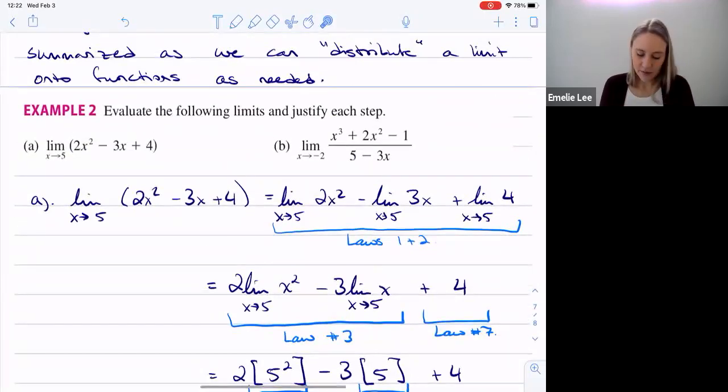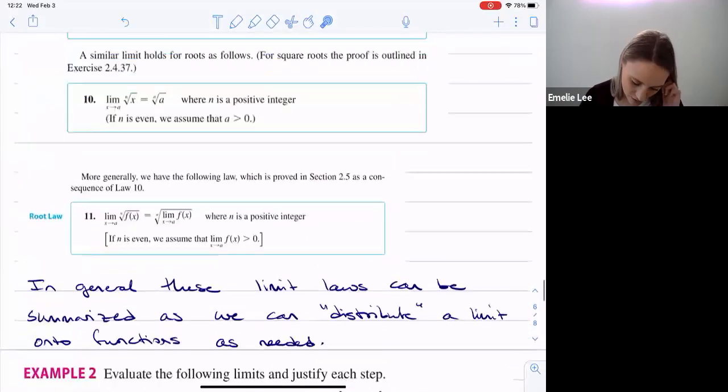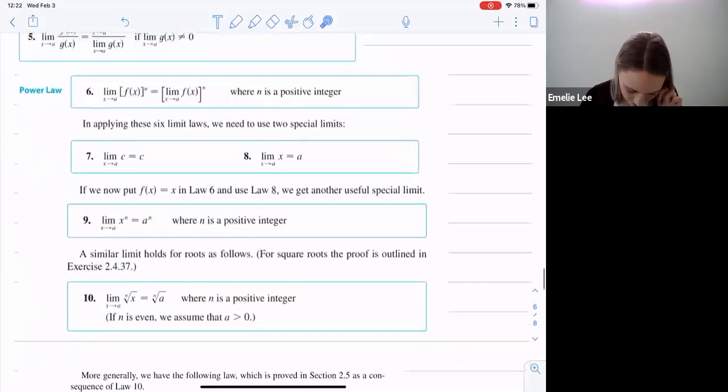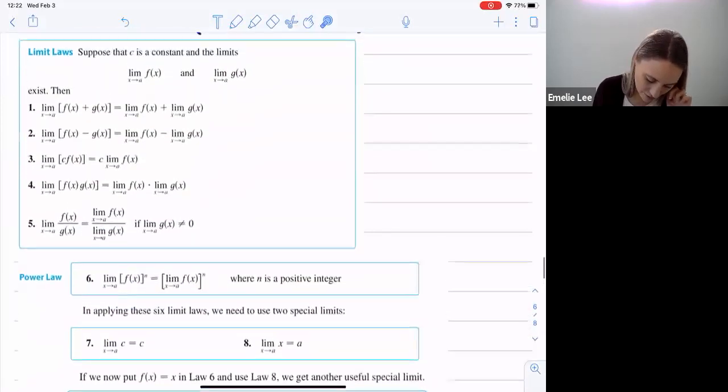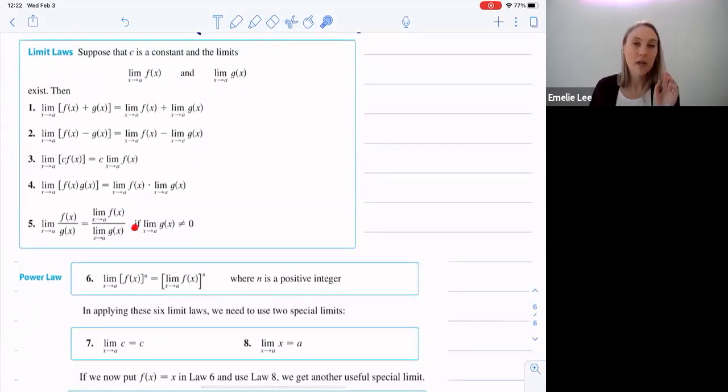All right. Here we want to find the limit as x approaches -2 of this fraction. And so the first thing I can do is distribute this limit into the numerator and the denominator by that quotient law, law number 5.